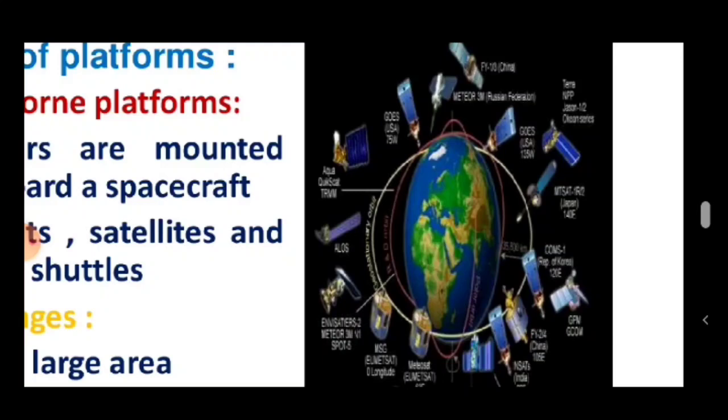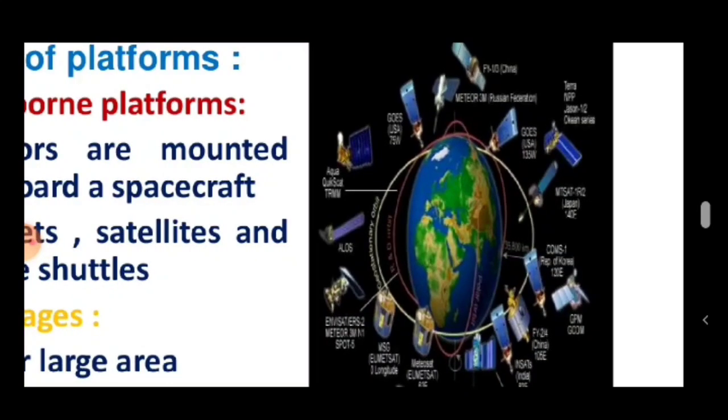One band is from 0.68 to 0.8 micrometers. One is 0.725 to 1.1 micrometers. Then 3.5 to 3.93, 10.3 to 11.3, and 11.5 to 12.5. Those are the wavelength bands.